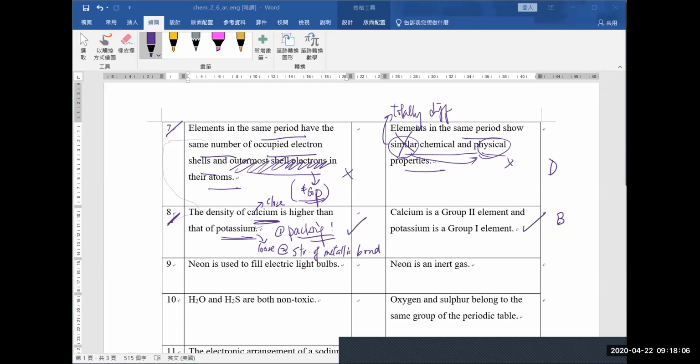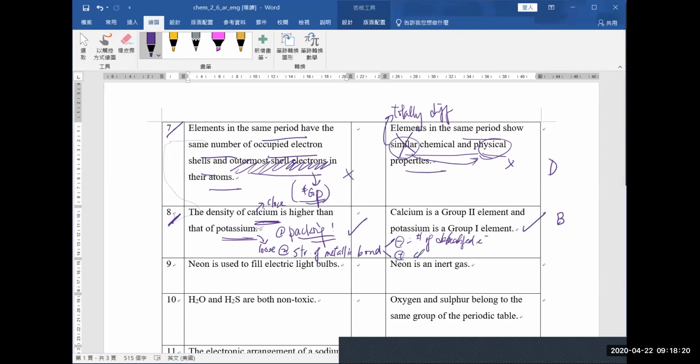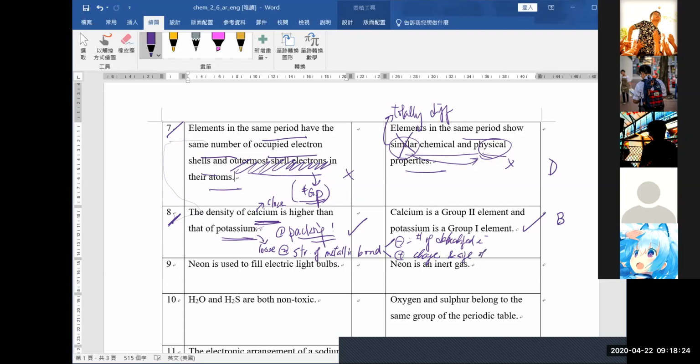Do you still remember those? Now I would like to write down here, just if you have a nice revision here. And then plus, you are going to talk about the charge and the size of cations. So can you compare the two?